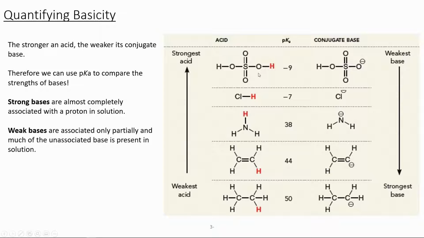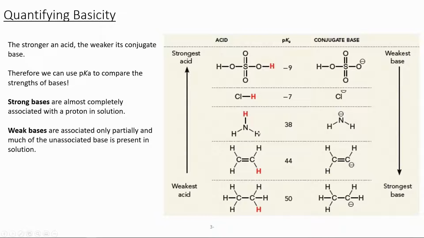So we can also use this table to compare the strength of bases. A strong acid is going to be completely dissociated in solution, meaning that all of the protons will be attached to water. You'll never find a sulfuric acid that is completely protonated in water, and you'll never find HCl that's protonated in water. All of the protons will react with the water to form the hydronium ion.